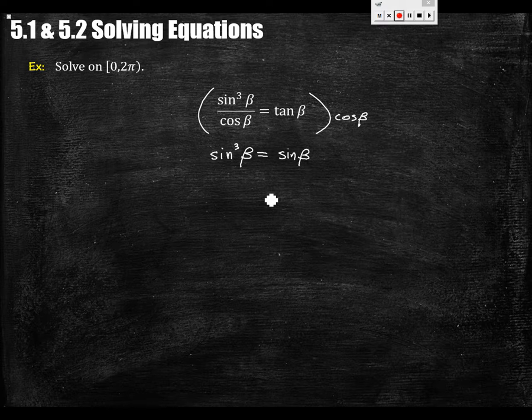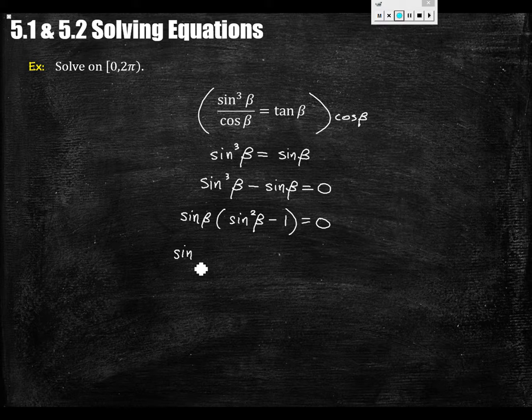And then, Jasper, what do you want to do? I think I see where we're going with this. Do you? So we get sine beta times sine squared beta minus 1. Okay, I'm with you.